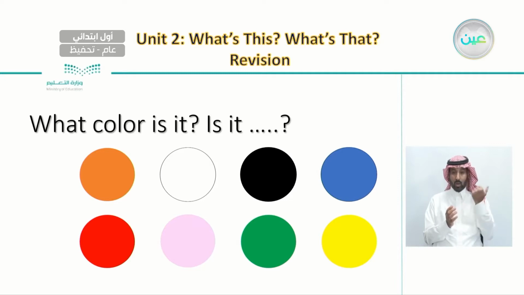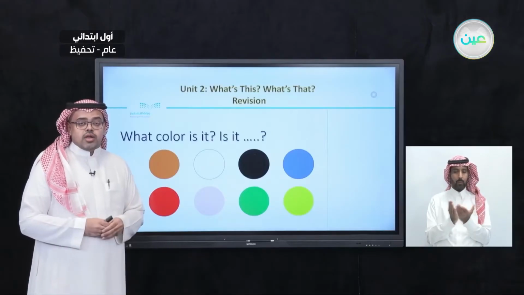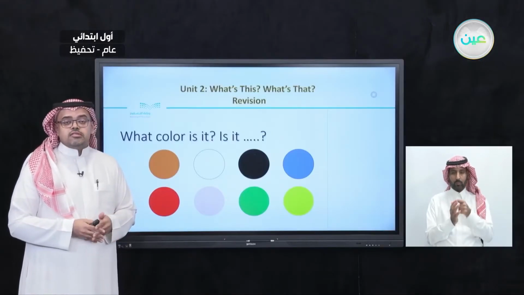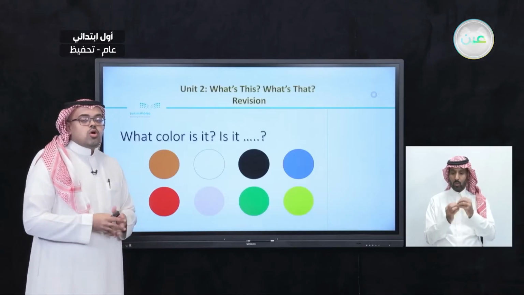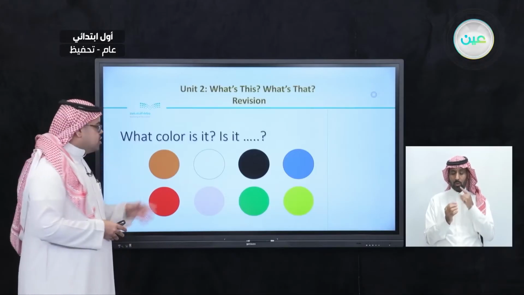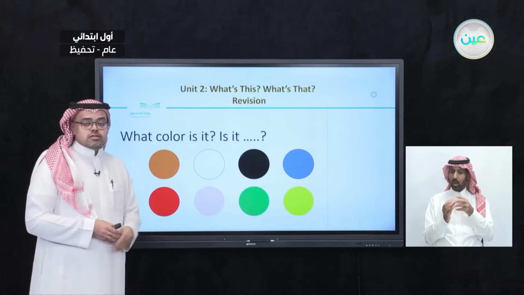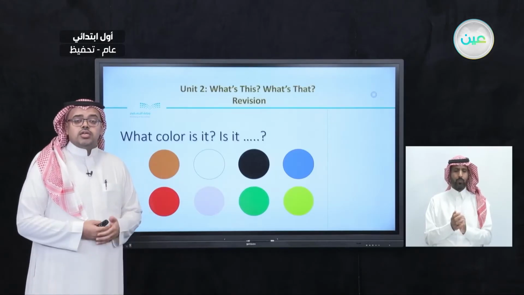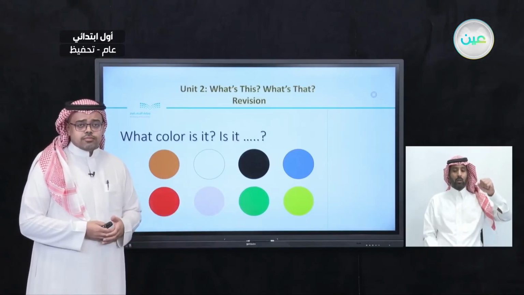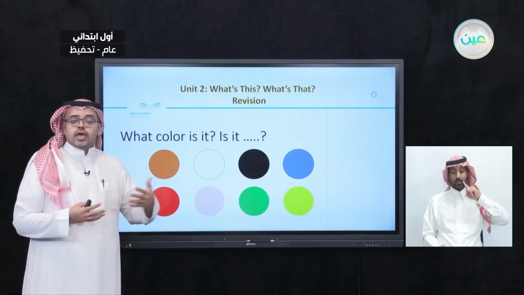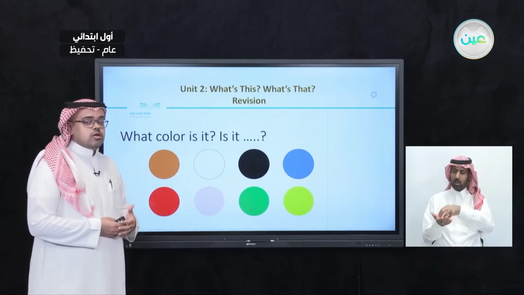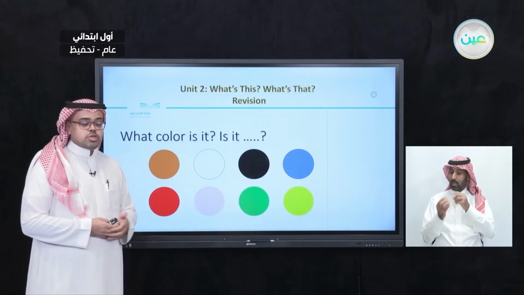Before we begin, let's make a quick revision on our last lesson. In our last lesson, we got to know what we mean by the question, what color is it? And also we got to know different colors. So for example, we have objects and we said, what color is this object?